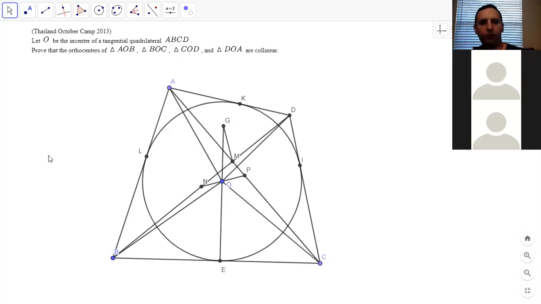Yeah, it looks like a nice one. GM has to be perpendicular to NP. So I wonder, if you reflect point M over point O, I think there are certain special properties of that point.